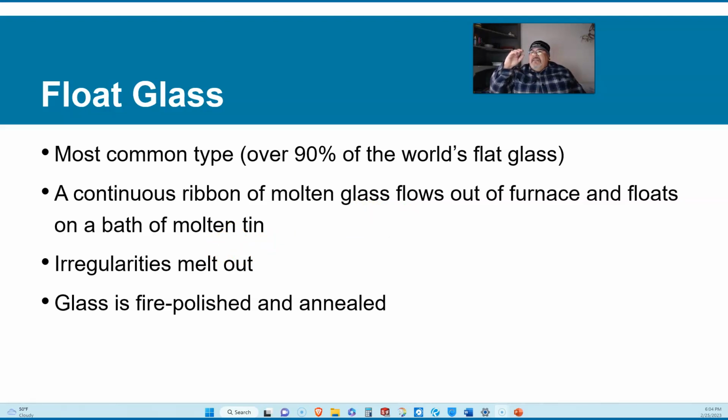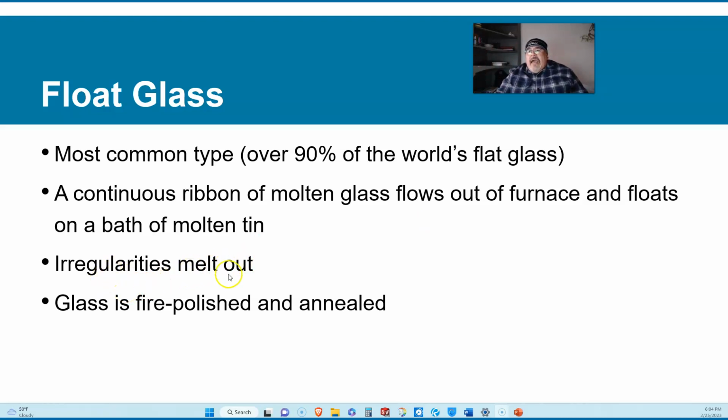Because it's a different density, it'll float on top of the metal like floating on water. And that's how it gets flat. And then when it cools, the glass is separated from the metal because they don't mix. And that's how you have that flat glass.